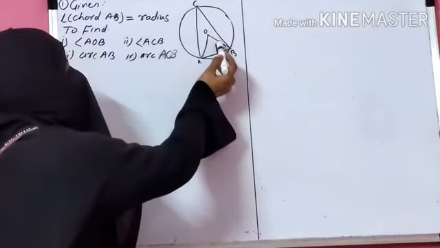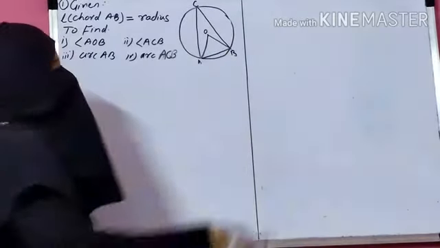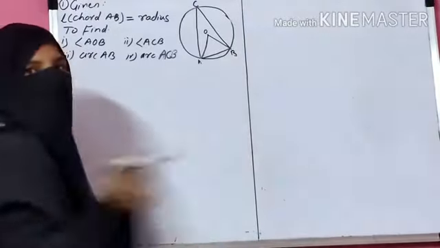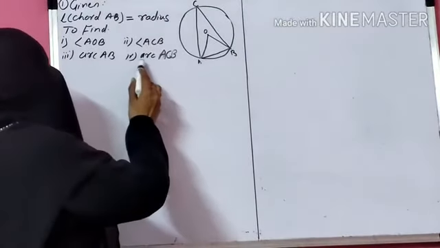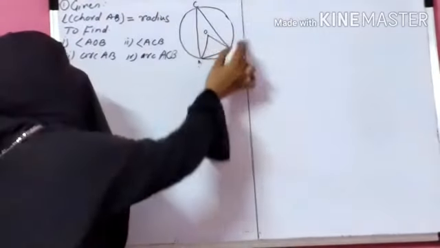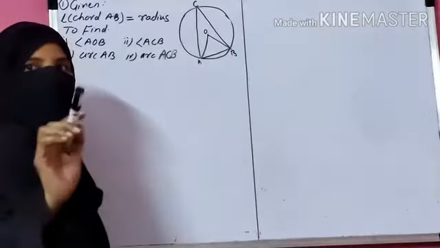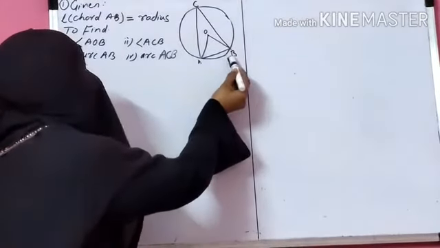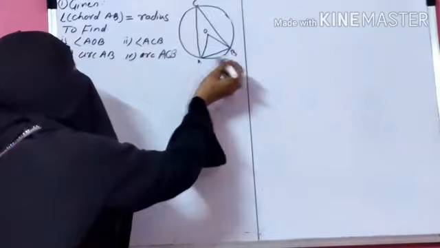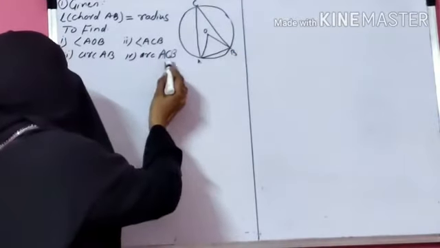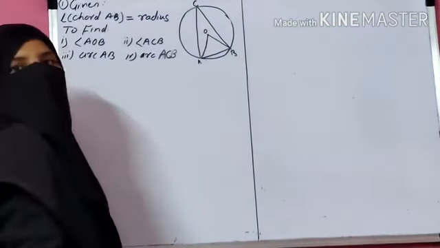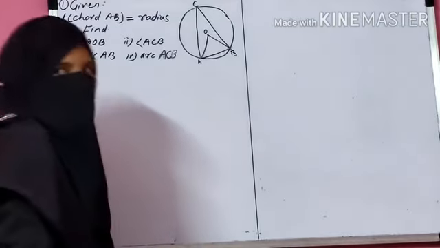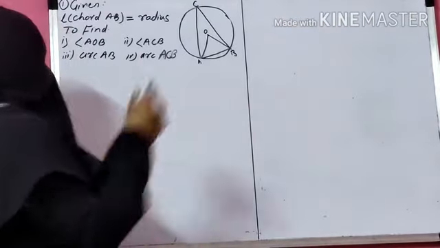Angle AOB is a central angle of 60 degrees, so the measure of arc AB is also 60 degrees. Next, arc ACB. The measure of the whole circle is 360 and this arc is 60, so 360 minus 60, the measure of arc ACB is 300 degrees. Got it? So let's start the solution.